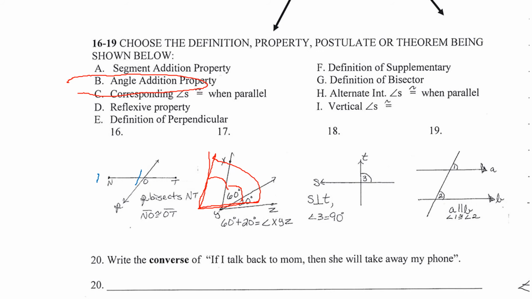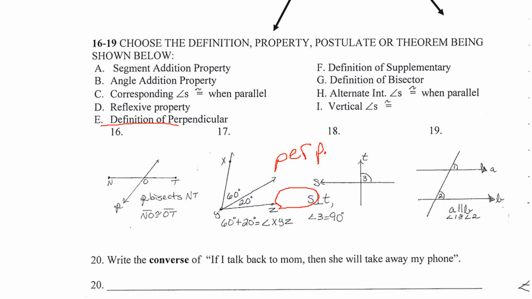All right. Next, number 18, I hope you know your symbols from earlier on. What does that mean? That little upside down T, S and T. What does that mean? Perpendicular. If it's perpendicular, guess what? You got to know what perpendicular means, right?